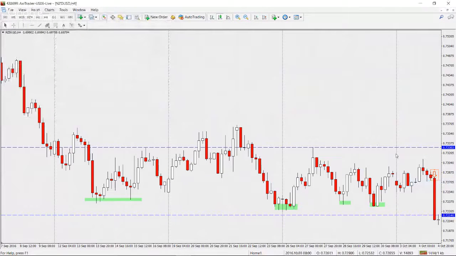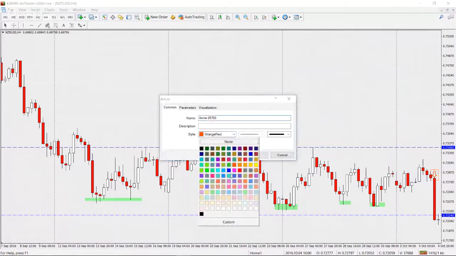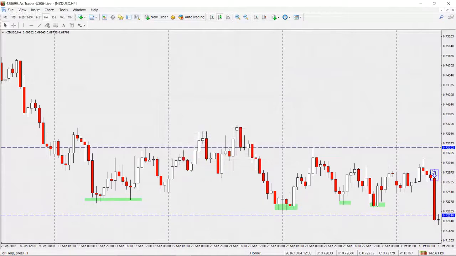I'm going to make this arrow blue so it's different to the candles. So on my charts, typically what I'll do is blue means entry price, green means target, and red means stop loss. That's how I color code my prices on there.